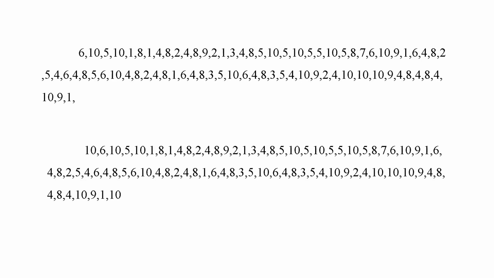These are the entries we made from the previous tabular column. Start with 6, 10, 5, 10, etc. Since there is no 10 at the beginning and at the end, we have added 10 here.